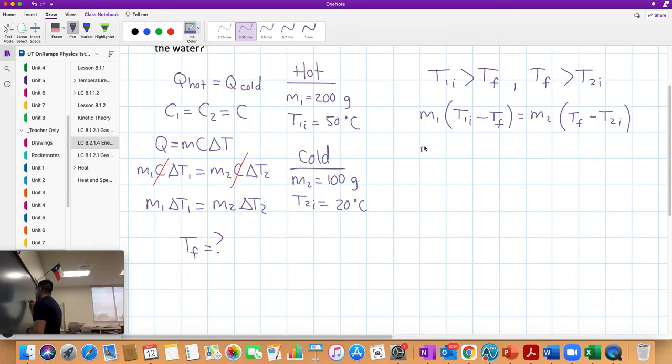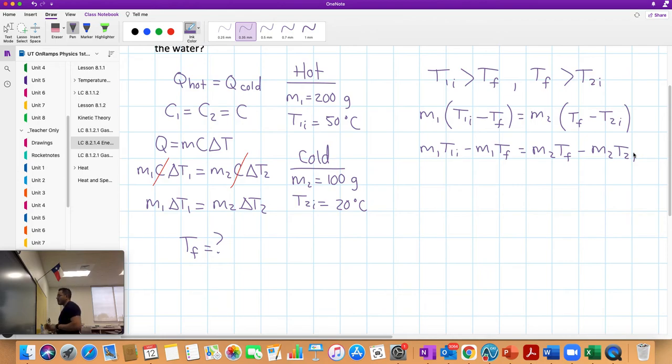So we'll have M1 times temperature 1 initial, minus M1 times temperature final, equals M2 times temperature final, minus, forgot to write mass 2, times temperature 2 initial. Okay, so now we need to make sure we have the temperature final, all of them on one side.